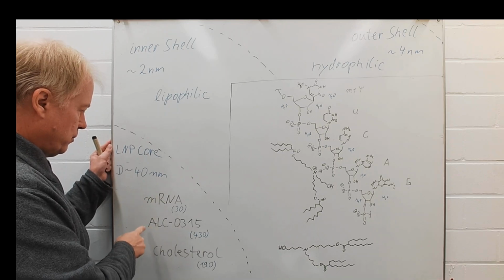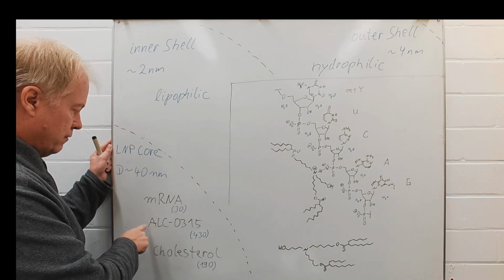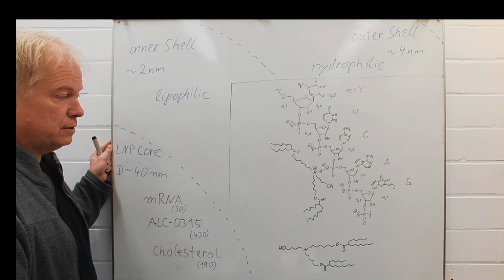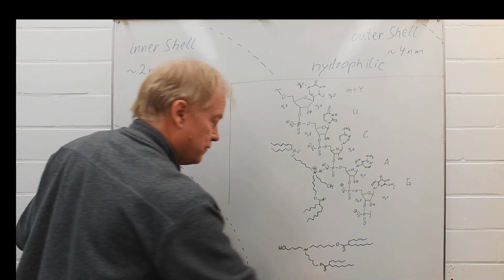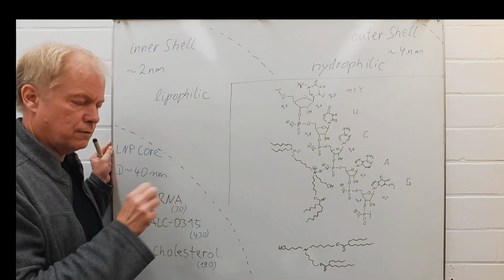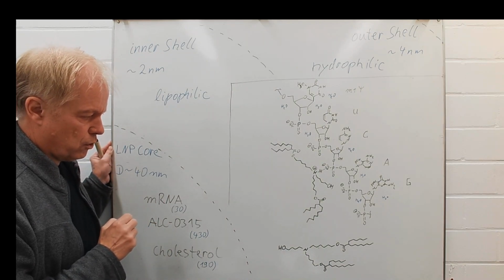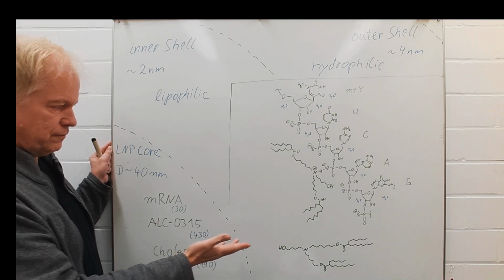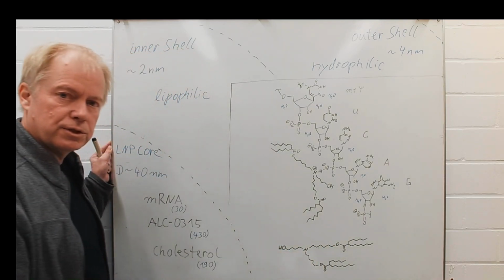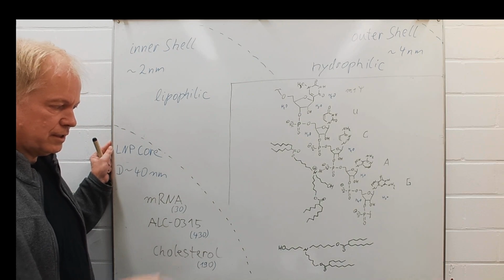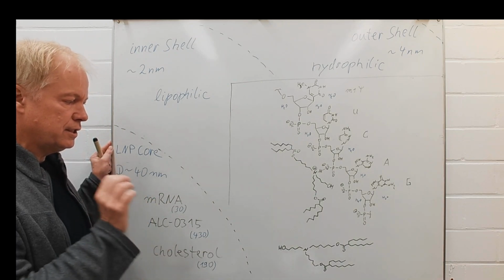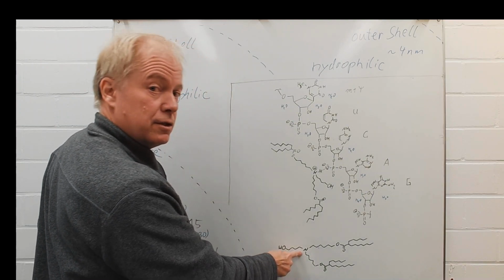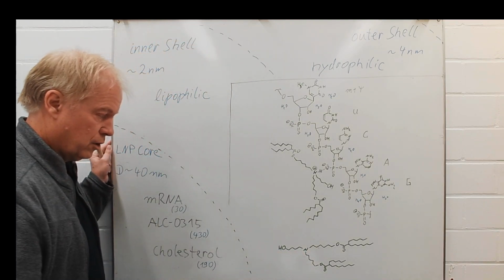So, what else do we have in the core? The ALC-315. Well, it's this molecule, and very often this molecule is called a cationic lipid. However, there is no cationic charge in it, but it only needs to be protonated at the tertiary amine.